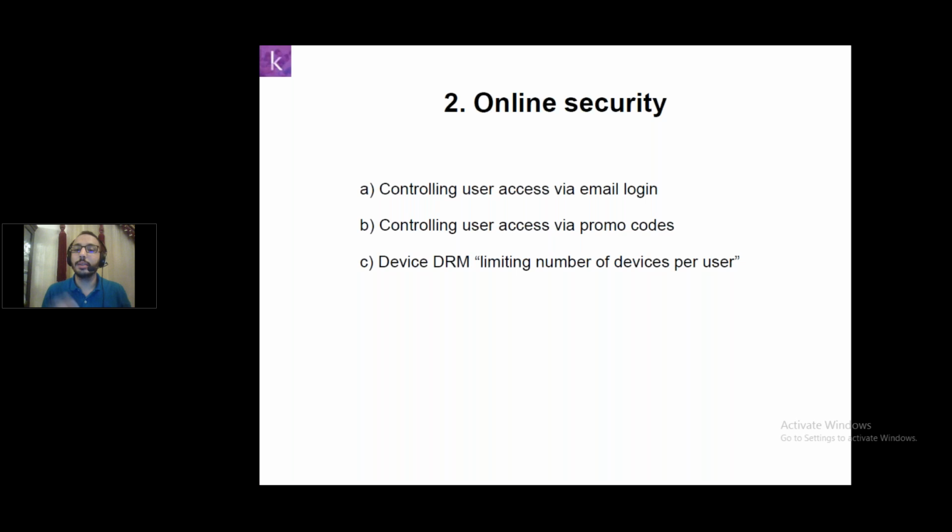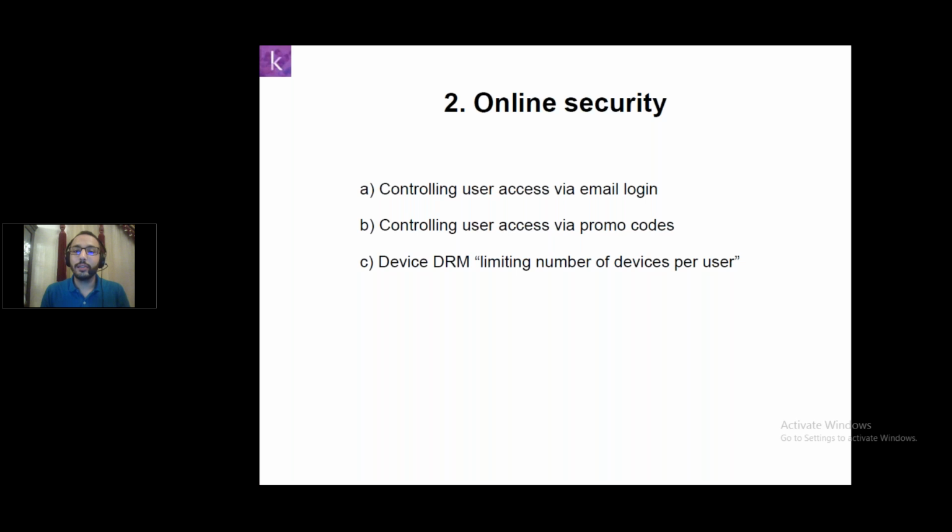You will have emails and passwords to control the user access. The second way is controlling user access via promo codes. You won't bother yourself with emails and passwords. You're going to just create promo codes, give it to the users to access either your ebook or your library app. The third way is the device DRM, which is limiting the number of devices per user.